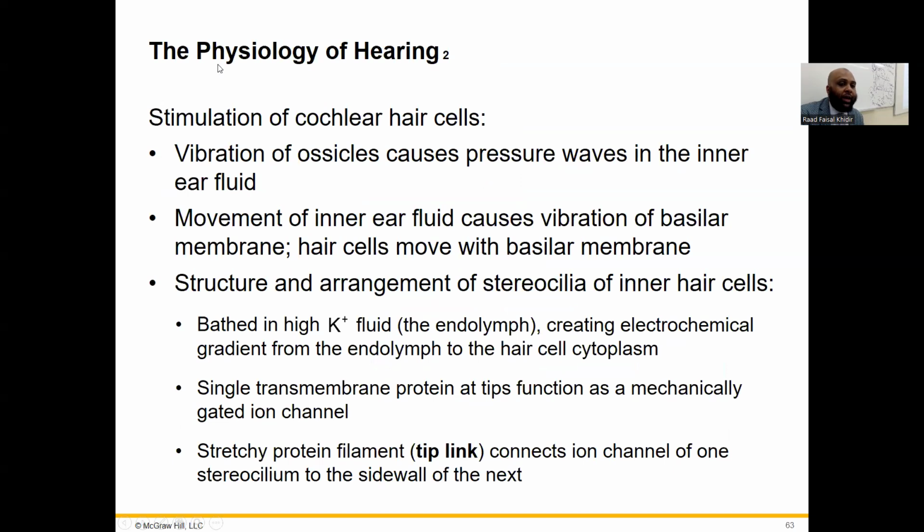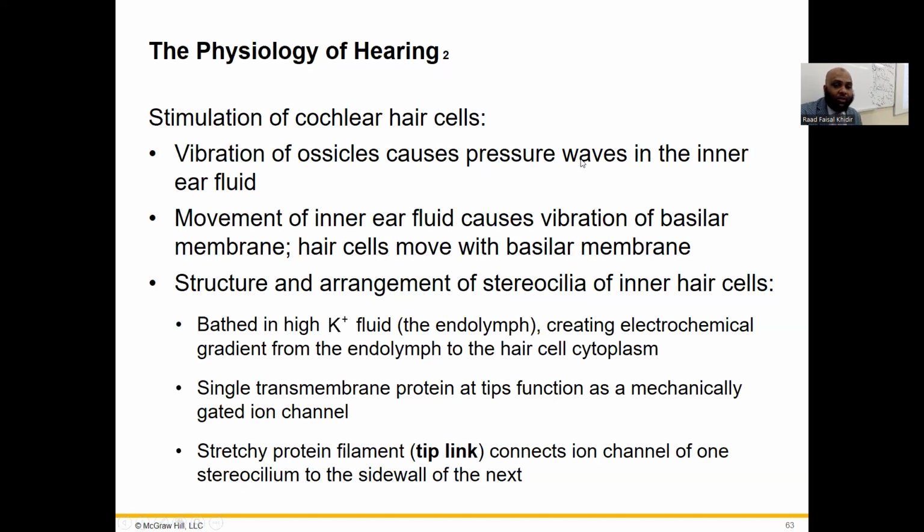Then the cochlear hair cells, these are the main essential organs for hearing. Their vibration is going to be passed, like we said, as a domino effect to the ossicles, the smallest bones in the body.